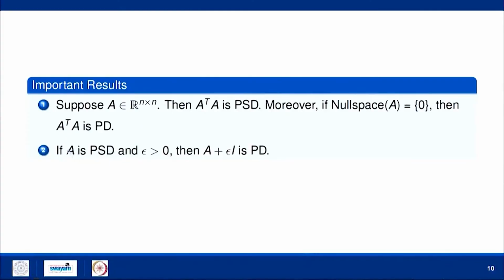Another important aspect: if A is positive semi-definite and epsilon is a positive constant, then A plus epsilon I is positive definite. However small epsilon is, adding it to the diagonal elements of A makes it positive definite, because any eigenvalue that was 0 becomes strictly positive.